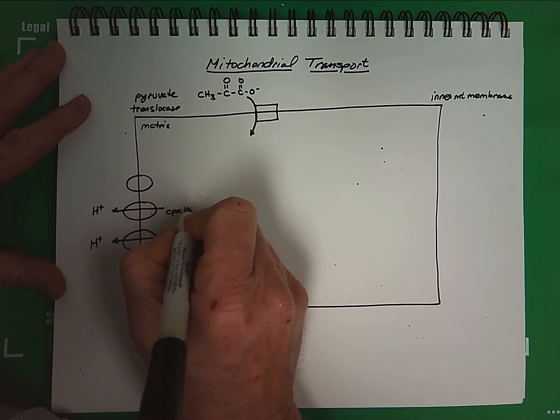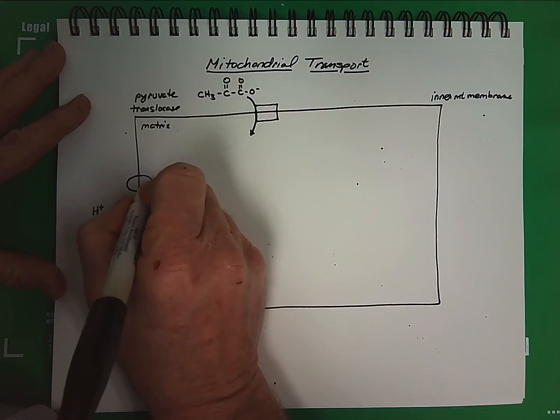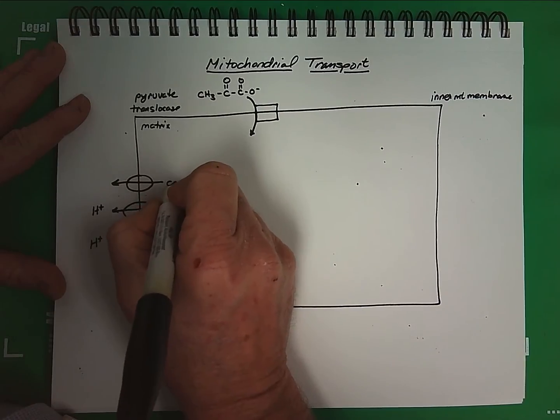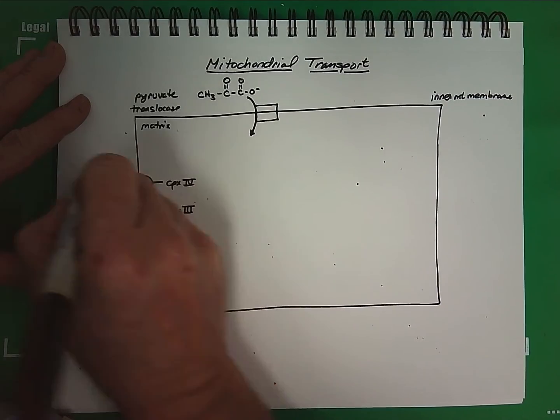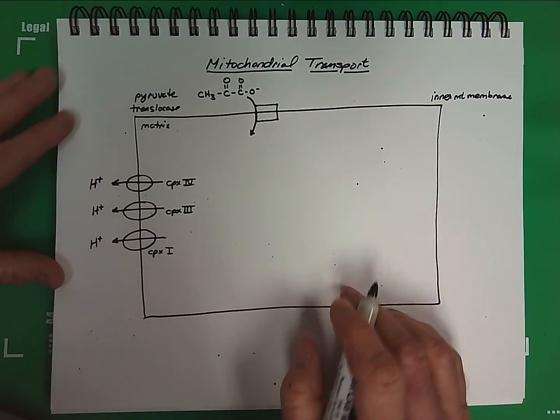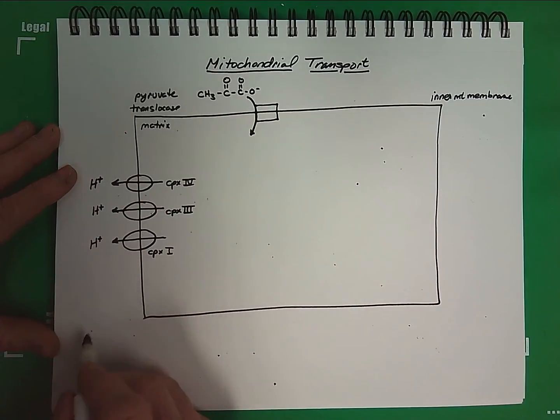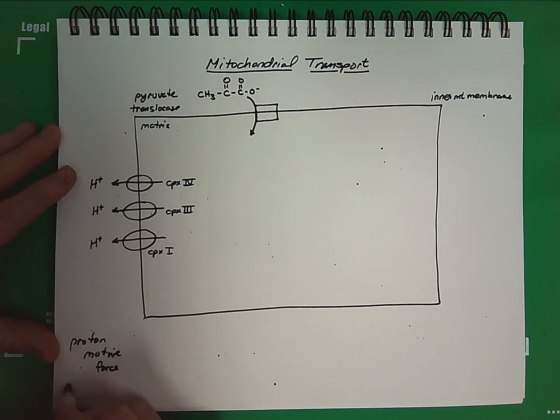Complex 3 also does the same function, and finally complex 4 also is involved in pumping protons. This is generating our proton motive force that we saw in a previous video, and it is also considered an electrochemical gradient.